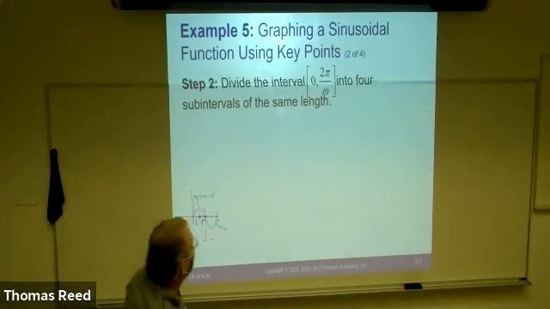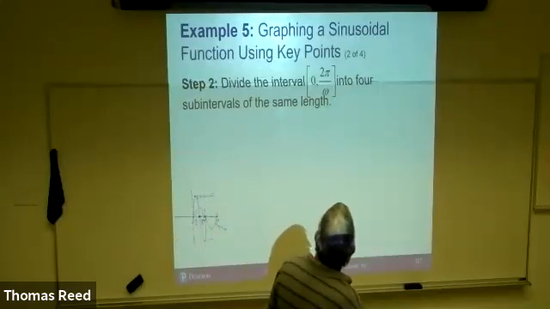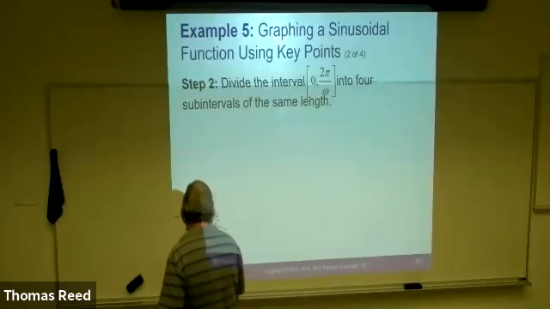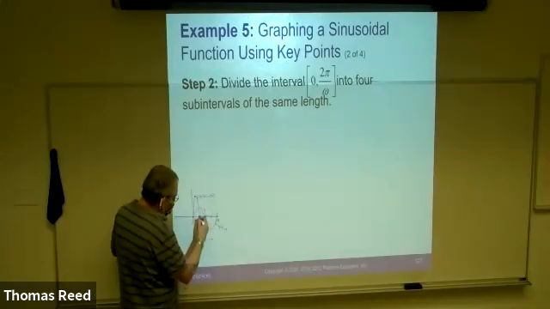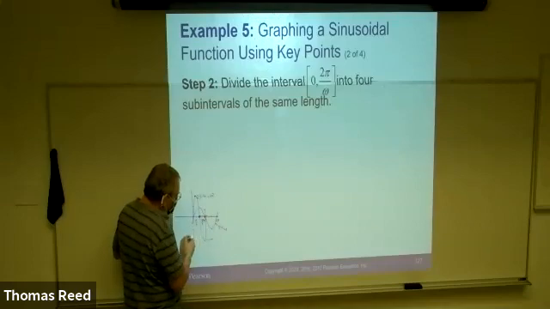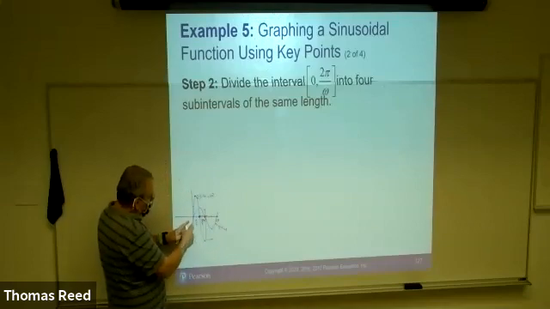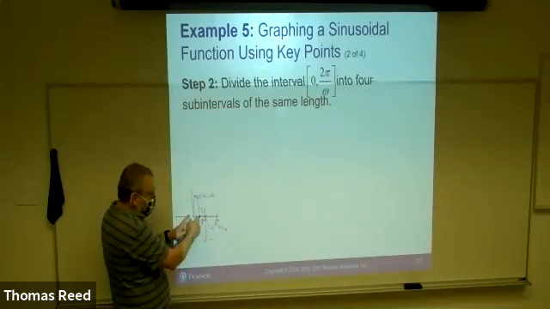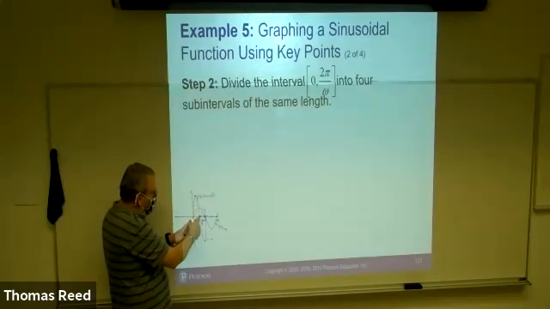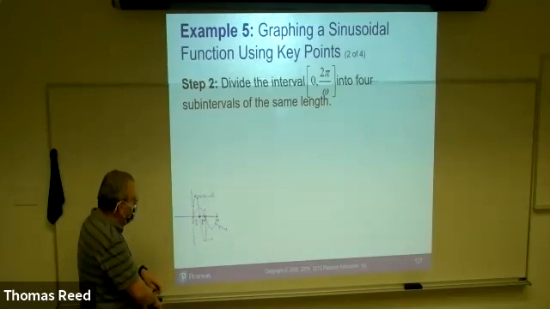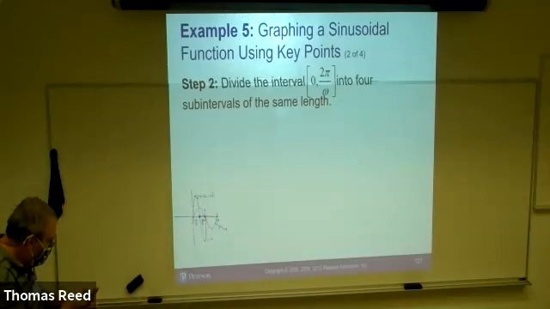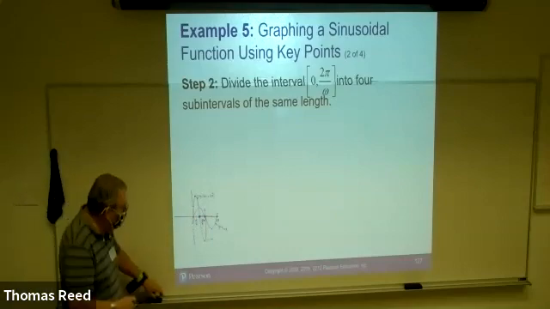Divide the interval into 4 units. That's what happens, because we want to do those 4 units, since each one of those takes us to the high, to the x-axis, to the low. So in each of those 4 units, you're either hitting the x-axis or going to a high point or low point.